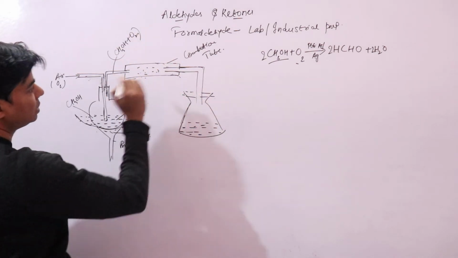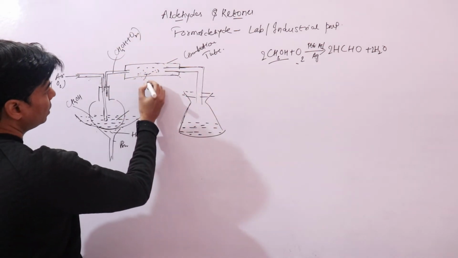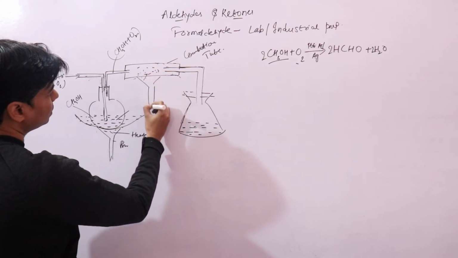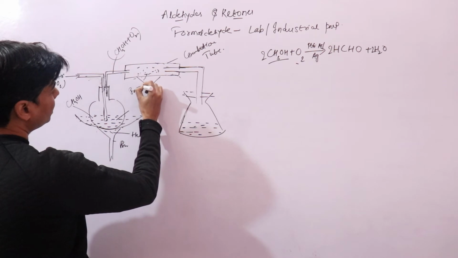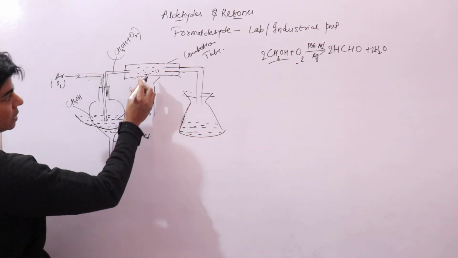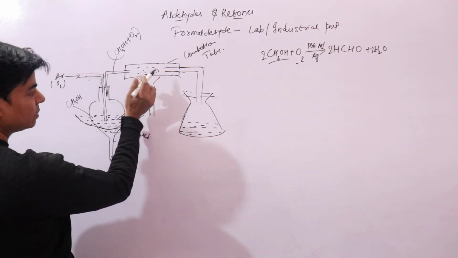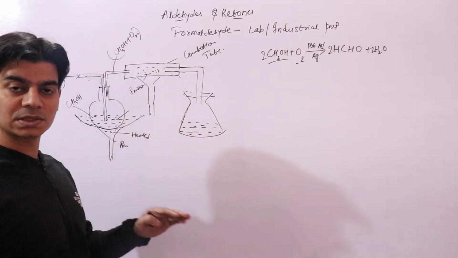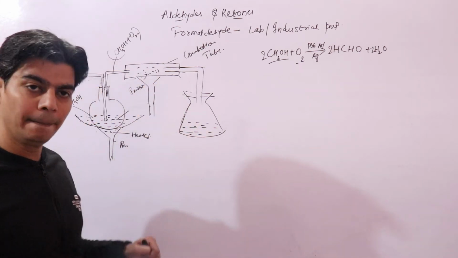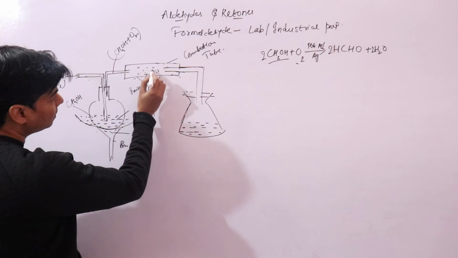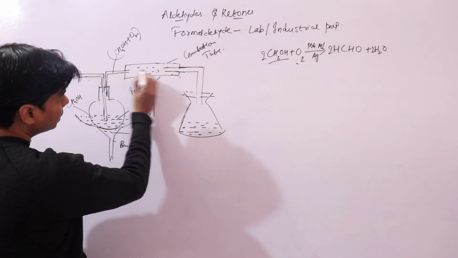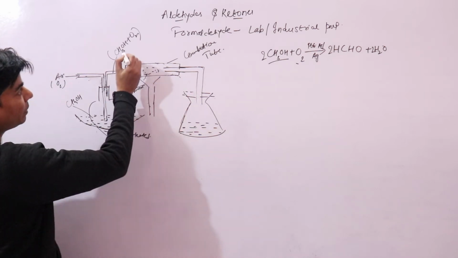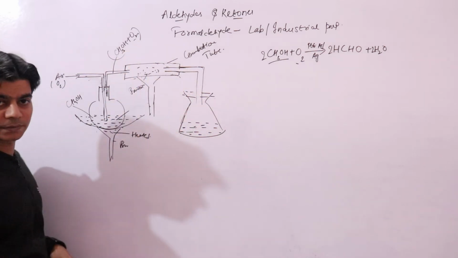Into your combustion tube, and this combustion tube is also heated. You have a burner here. This is heated to heat the platinized asbestos or silver that you have inside this combustion tube. Now over this heated platinized asbestos, your methanol vapors and oxygen will pass.